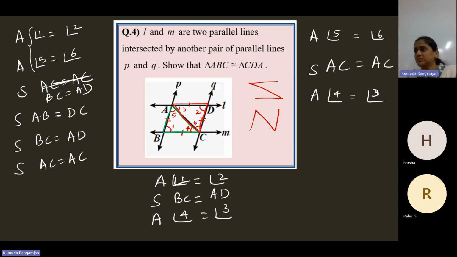But to use all this, you must prove that ABCD is a parallelogram. Why is ABCD a parallelogram? Because both pairs of opposite sides are parallel. And when it's a parallelogram, like a rectangle, opposite sides are equal and opposite angles are equal. All right?